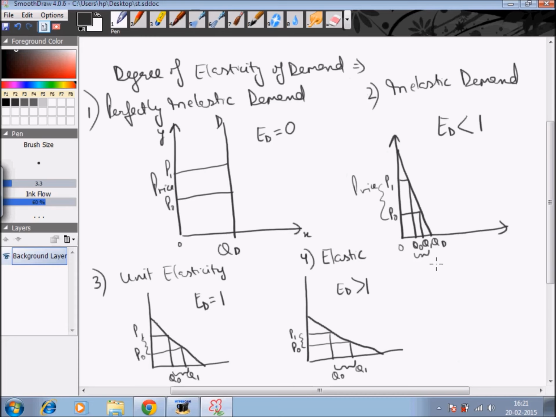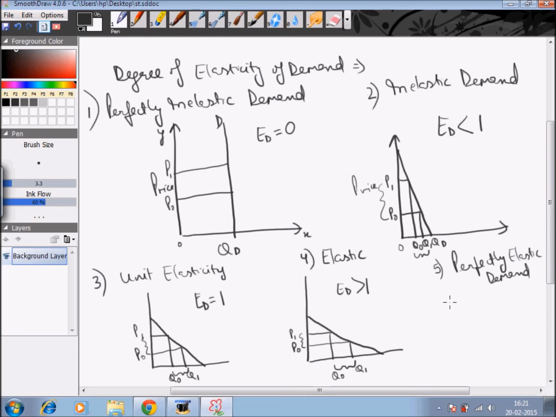Next, the fifth degree of elasticity is perfectly elastic demand.